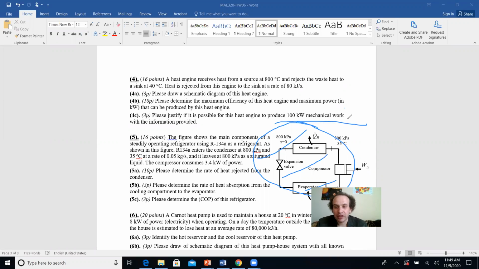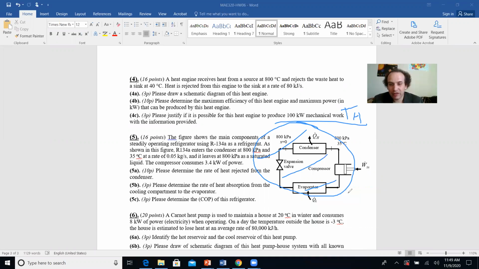You have TH, you have TL, and you have work input. And you have QH, which goes here, and QL, which goes here.